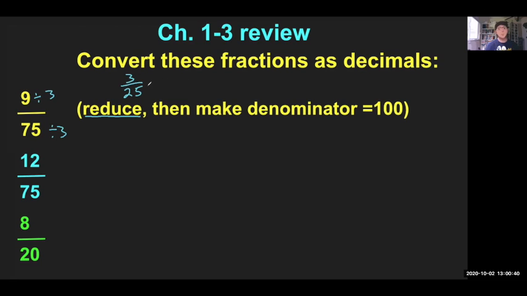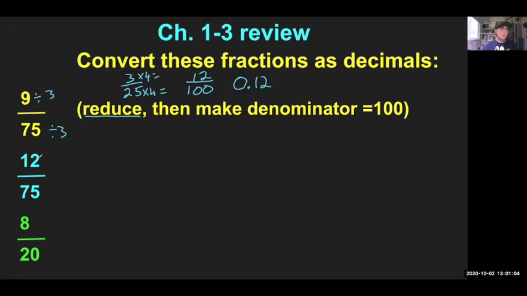And remember, for this case, it's going to be over 100, sort of like a percent. 25 times 4 equals 100. 3 times 4 equals 12. And so now if you have 12 over 100, you know that's the same as 0.12. Clear?